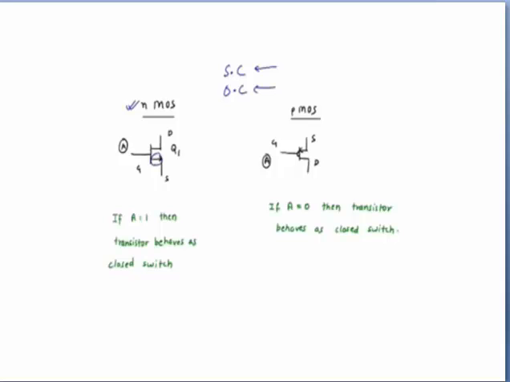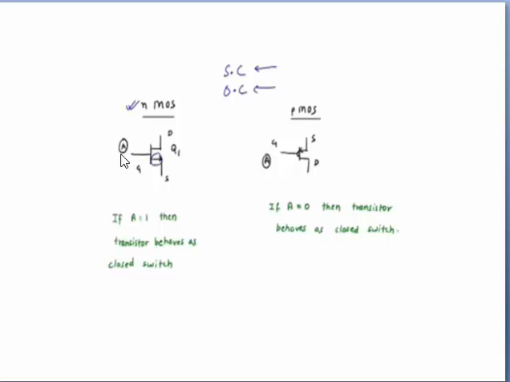In this slide, we will see how NMOS and PMOS behave as a short circuit and an open circuit. First, NMOS, because the current flows from drain to source. We have three terminals, the input is at the gate side, and this MOSFET will behave either as a short circuit or as an open circuit.